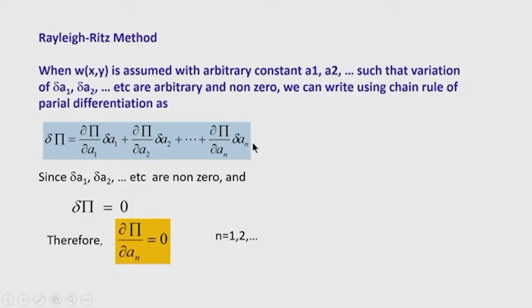Okay. So, if I write this delta pi using the partial differential coefficients, then we can take each of the derivatives, del pi by del a1, del pi by del a2 and del pi by del an, equal to 0, because delta a1, delta a2 etcetera cannot be 0, as we have taken these as arbitrary, non-zero variations. So, delta pi, the variation of total potential, being 0 indicates that del pi by del an equals 0, where n varies from 1 up to the number of terms that we have taken.